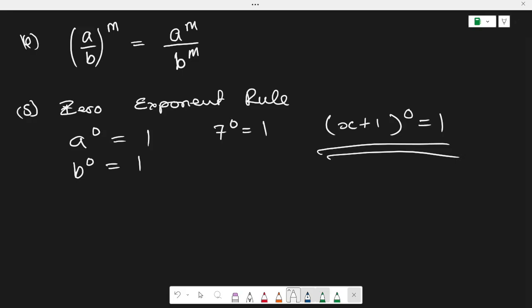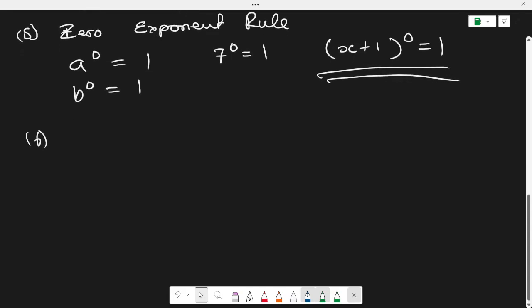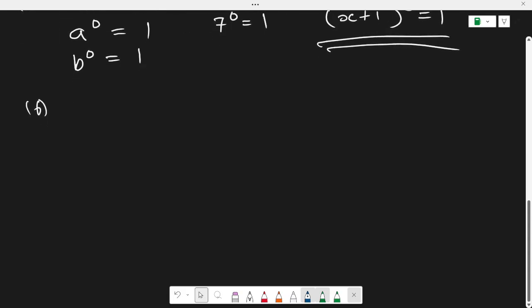The other property that you'd like to consider is what we're calling the negative exponent rule. Let's say you have a, but instead of a positive exponent, it has a negative exponent, say negative m.